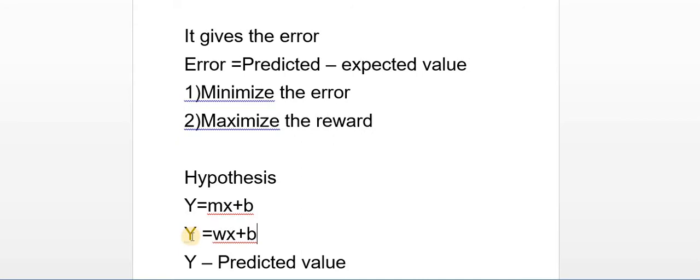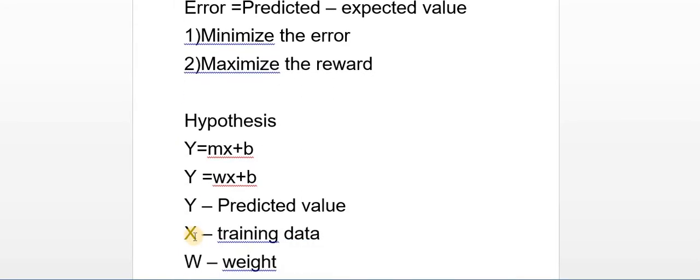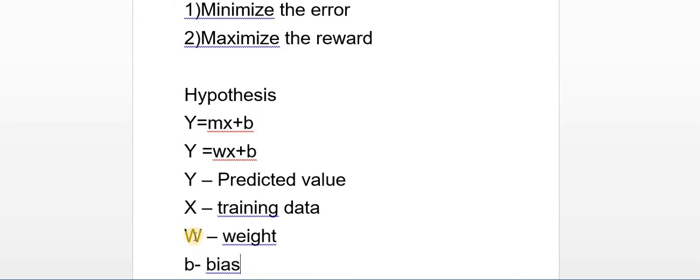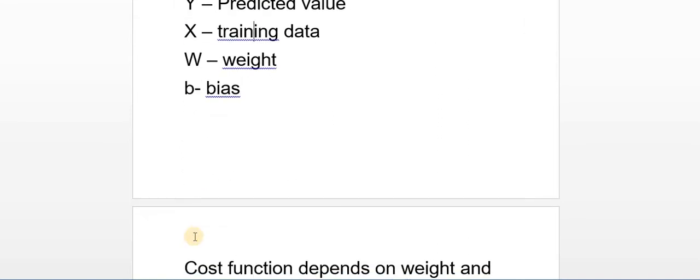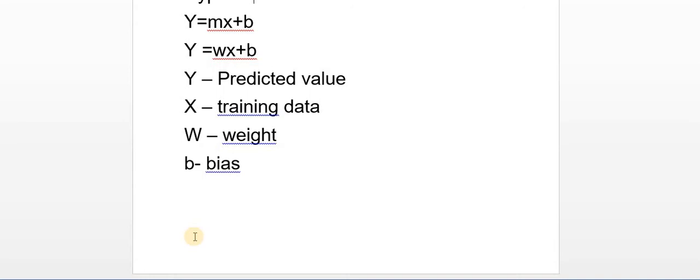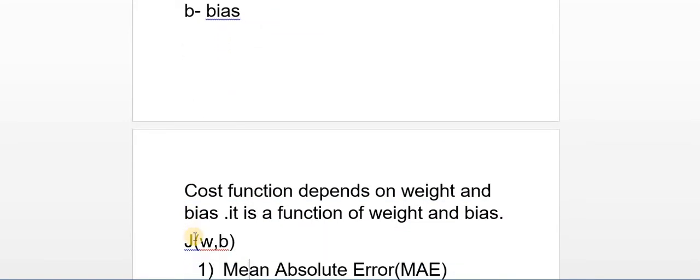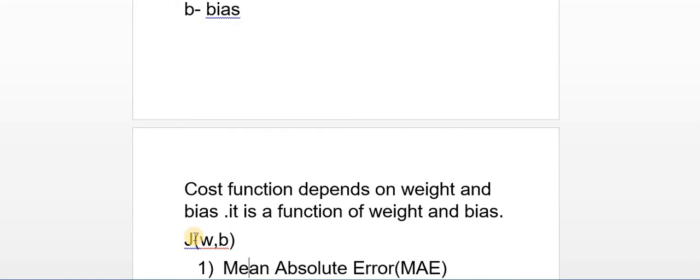But for a machine learning model, this y is the predicted value, x denotes the training data, w is the weight of the network, and b is the bias. The important point is the cost function depends on the weight and bias. Cost function is a function of weight and bias.